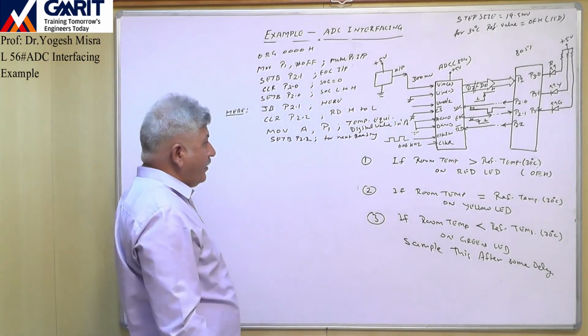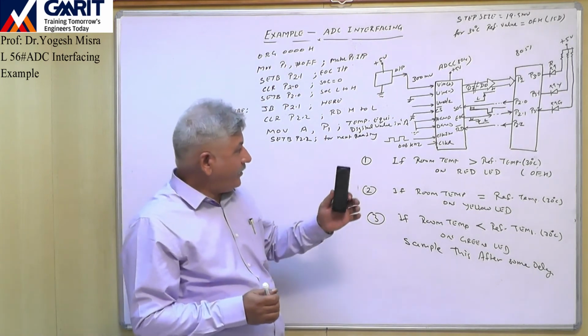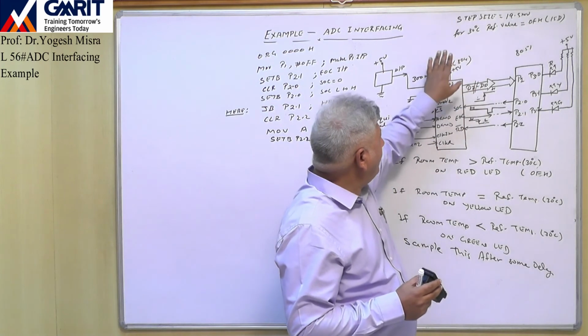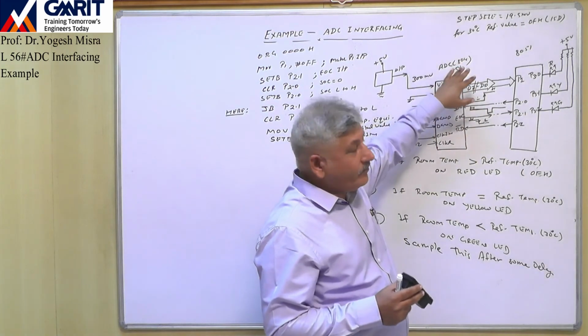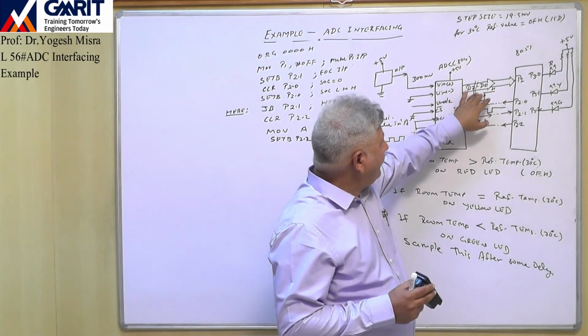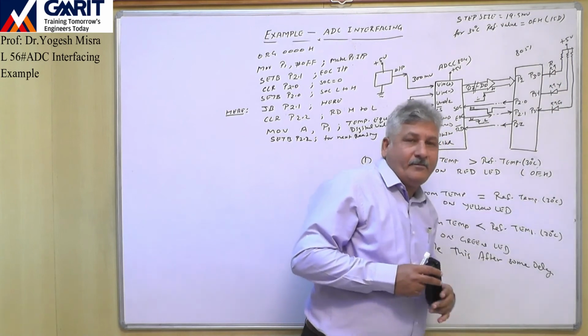Okay. So now up to this point, whatever is the decimal digital value equivalent to the current room temperature, that value is inside the A register of this microcontroller.